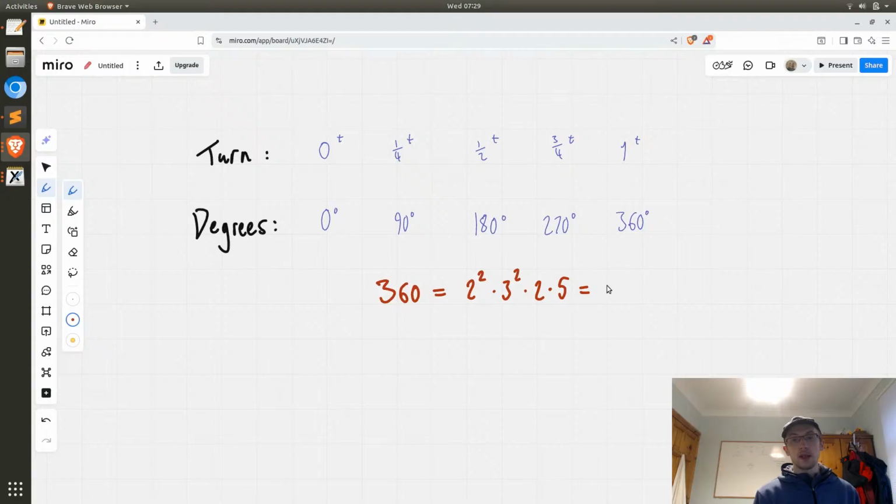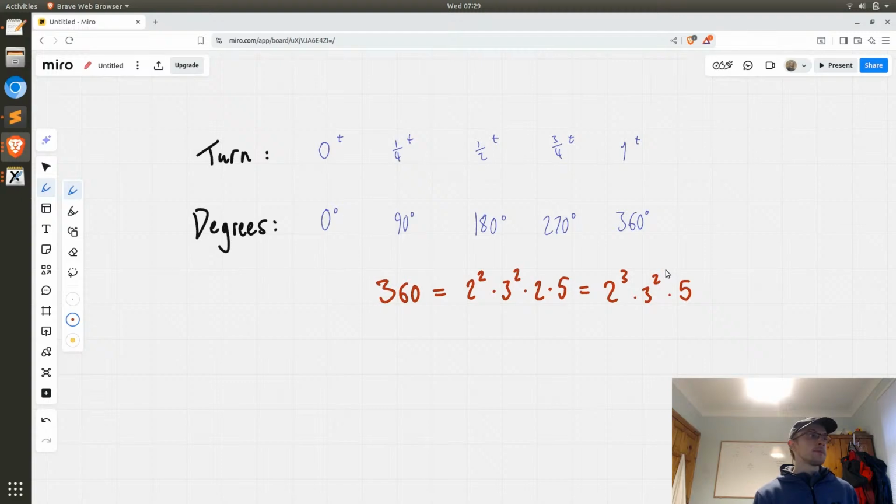Put that together, and we have 2 cubed times 3 squared times 5. And that has many factors: 1, 2, 3, 4, 5, 6, not 7, 8, 9, 10. All the numbers from 1 to 10 except for 7. Incredible. Whereas 361 is 19 squared, and therefore it's only divisible by 19.